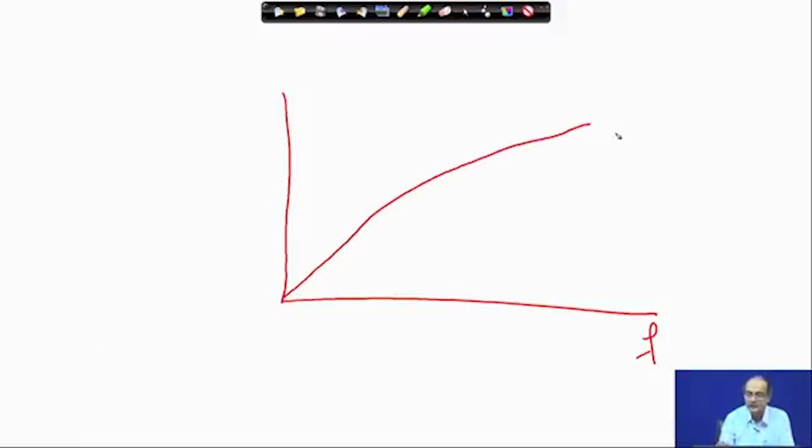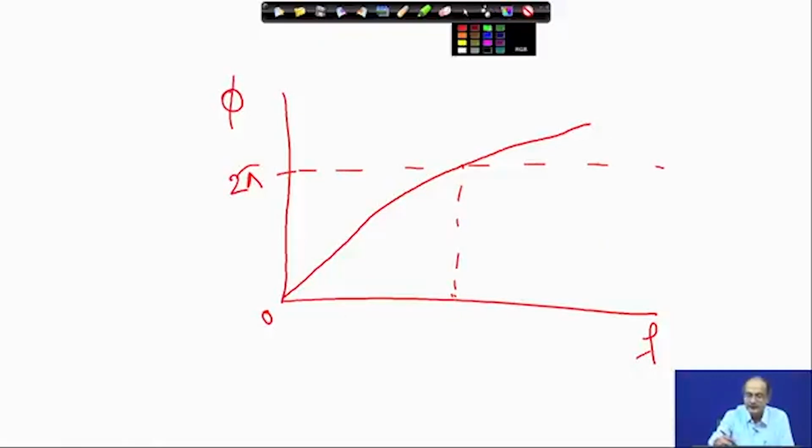Say there is a continuous change in the phase, this is the phase phi, and say here it is 0 and here it is 2 pi. Now, after taking the log, once it goes to 2 pi, it means the same as the point 0, so we will see it will look like this, it will again build up like this.